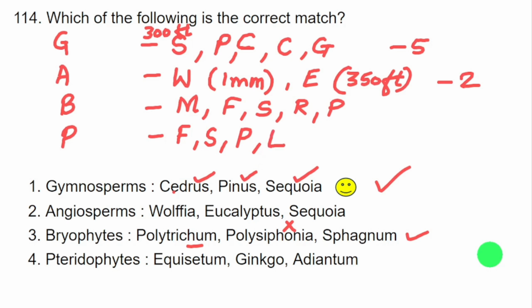So examples are Lycopodium, and another example is Selaginella. So this S is Salvinia, this is Selaginella. Then the third one is Sphenopsida, and the example is Equisetum. And the last category is Pteropsida, and the examples are Dryopteris, Pteris, and Adiantum.